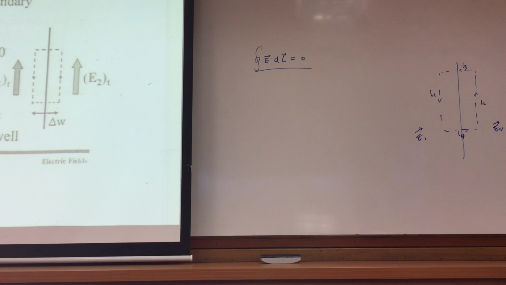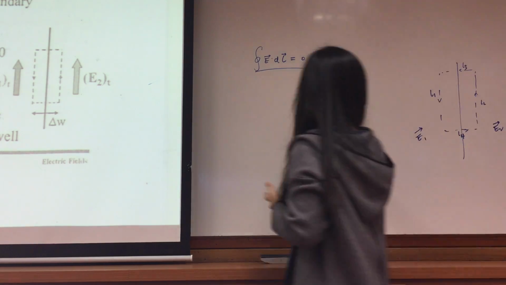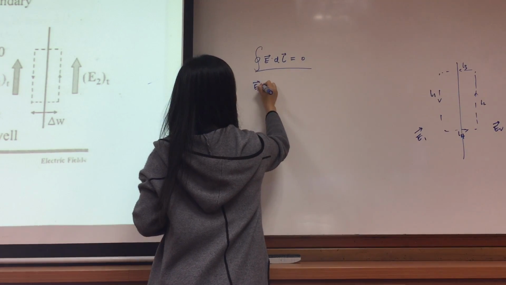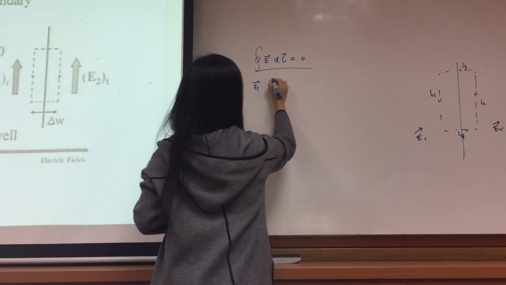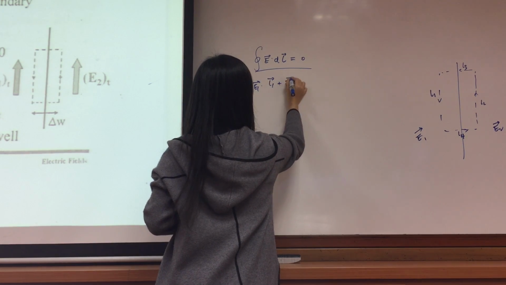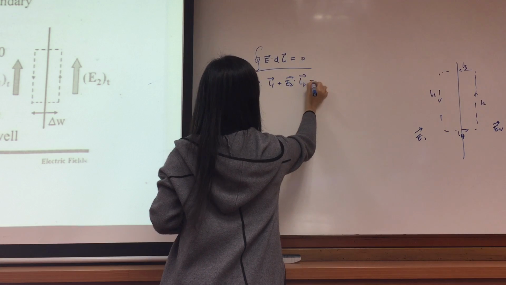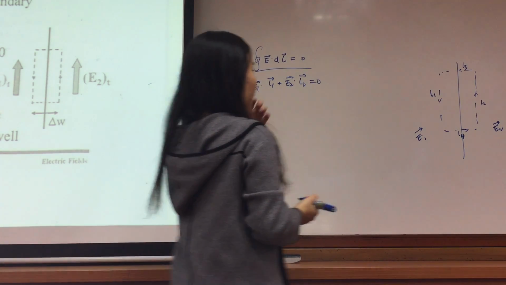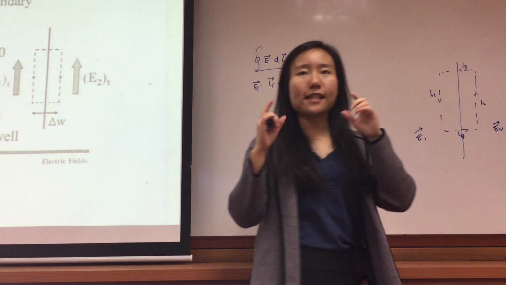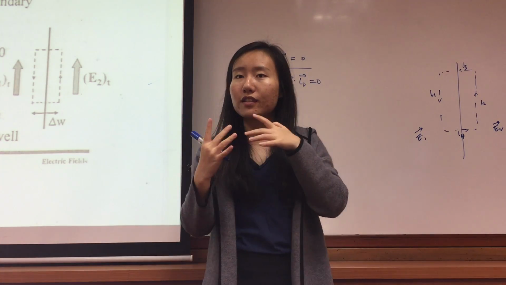I mean the L has directions. So now I have E1 dot L1 plus E2 dot L2, and this is 0. L1 and L2 have the same magnitude but opposite directions.